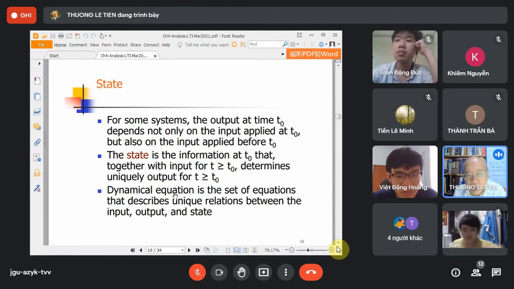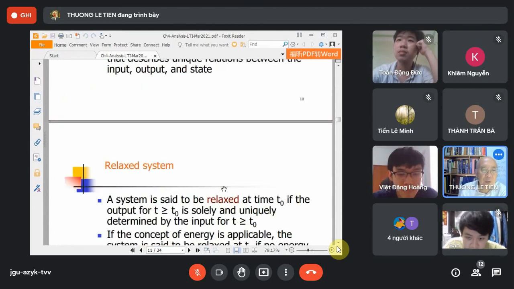And the dynamic equation is a set of equations that describes the unique relation between input, output, and stage. That means it depends not only on the current input, but also on the previous stage. So that one is the dynamic equation.